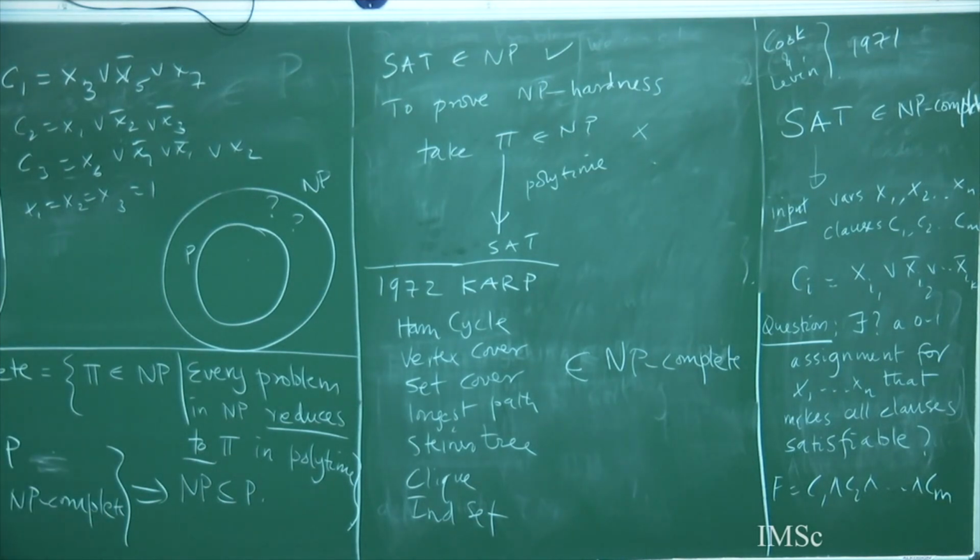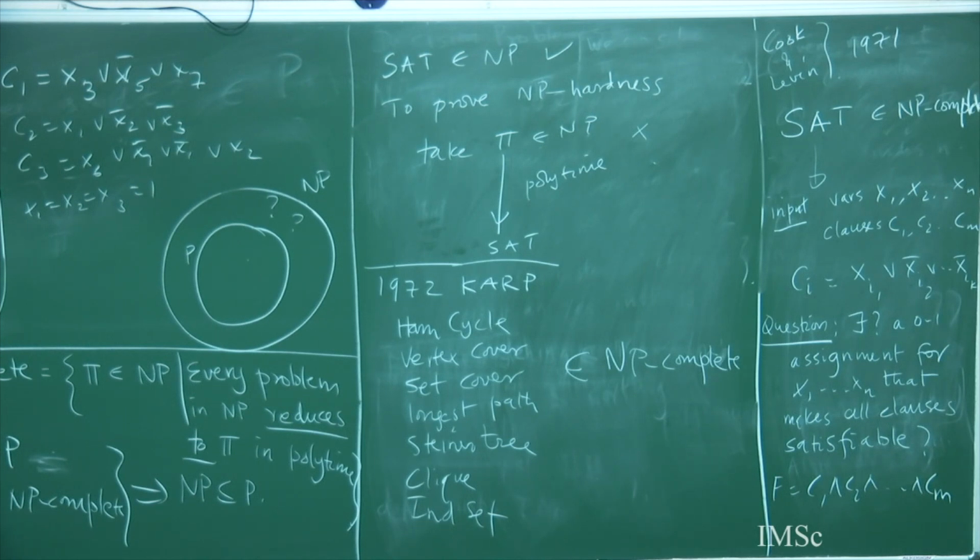So, what is the problem with such an instance? Why does it not belong here? Maybe there is some clause which contains more than 3 variables. So, let us pick some clause. Without loss of generality, let us say it has some L variables, where L is greater than or equal to 4.